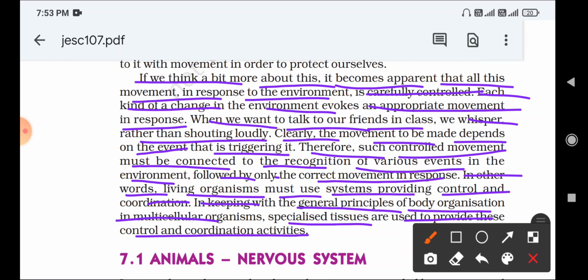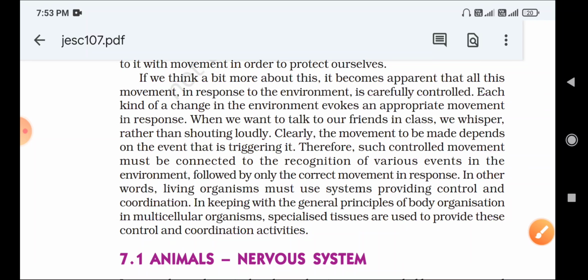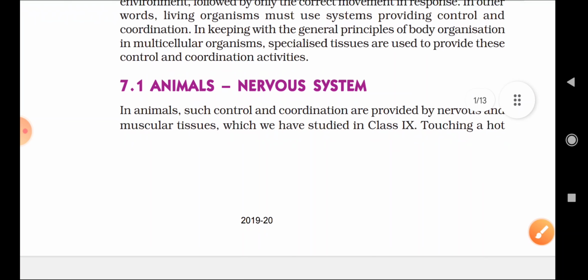In this control and coordination chapter we will discuss how they are performed and how they are coordinated; all of that you have to study in detail in this chapter. Okay, next we have to discuss the animal nervous system, and how control and coordination are carried out in animals. Okay, so we'll continue in the next video.